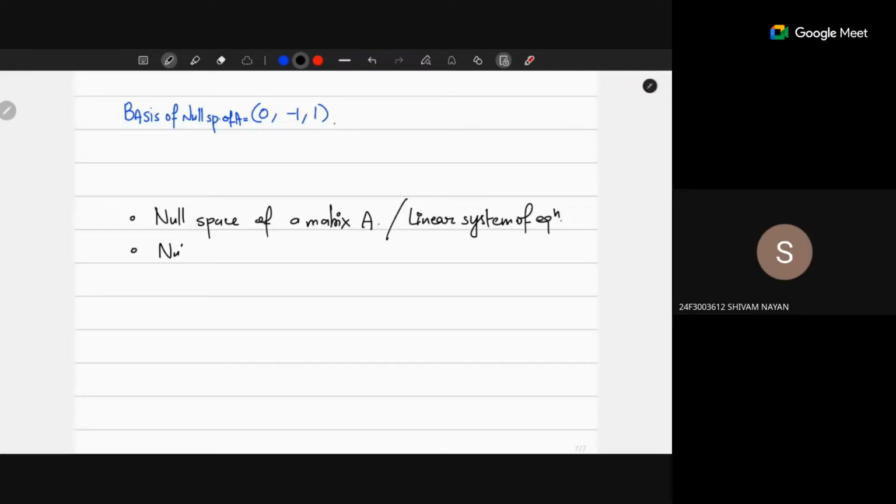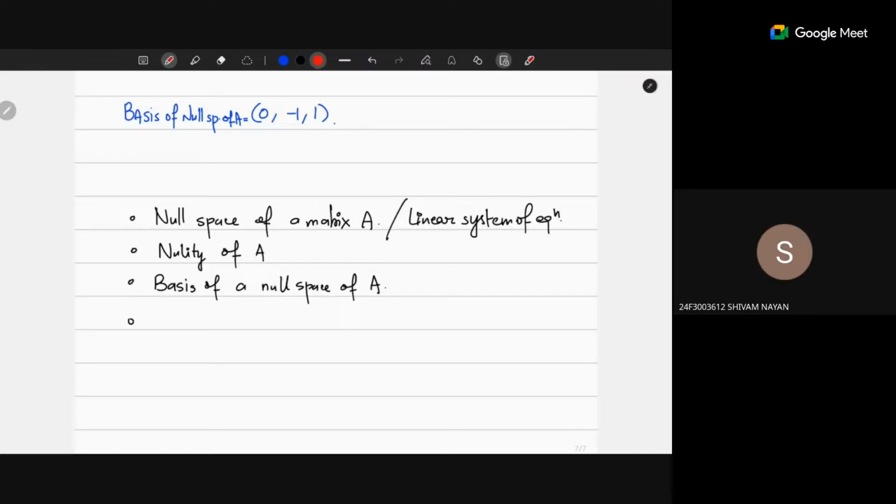And then we have seen the nullity of A. We have seen how to find the basis of the null space of A. So these three things we have seen.